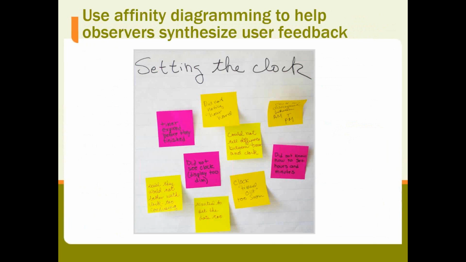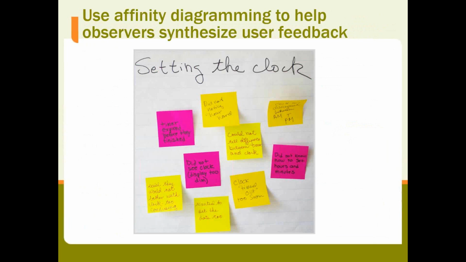Then you have a meeting where everybody who observed the study comes, you lay out everybody's sticky notes, and folks organize those notes as a group and label the groupings. What you see here is all the sticky notes describing issues users had with setting the clock, and you can tell by the color which participant had issues and the nature of those issues. It's a quick and easy way to get agreement from your people in terms of what the problems are and who had them.